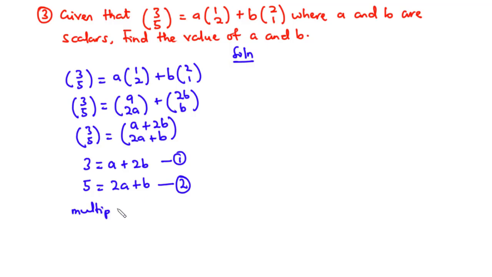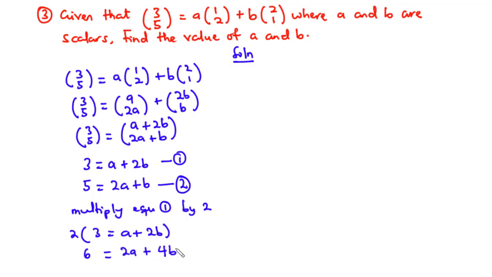So multiply equation 1 by 2. So 2 times 3 equals a plus 2b. We have 6 equals 2a plus 4b. This is equation 3.